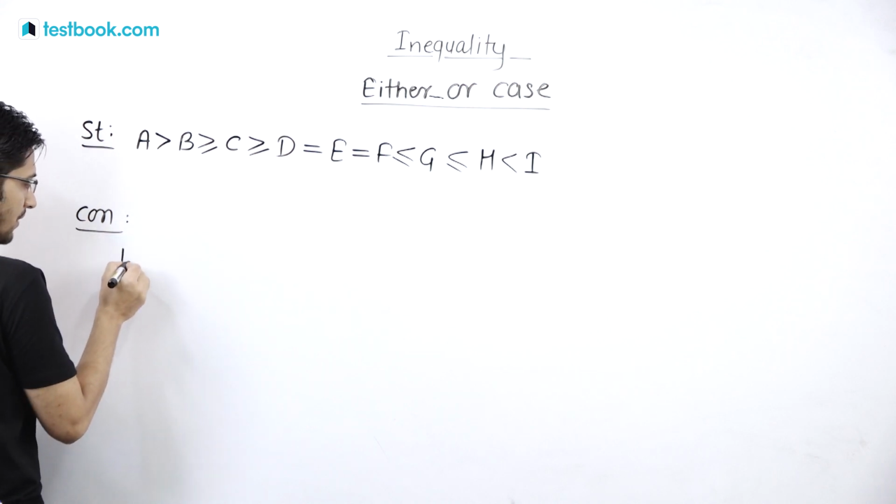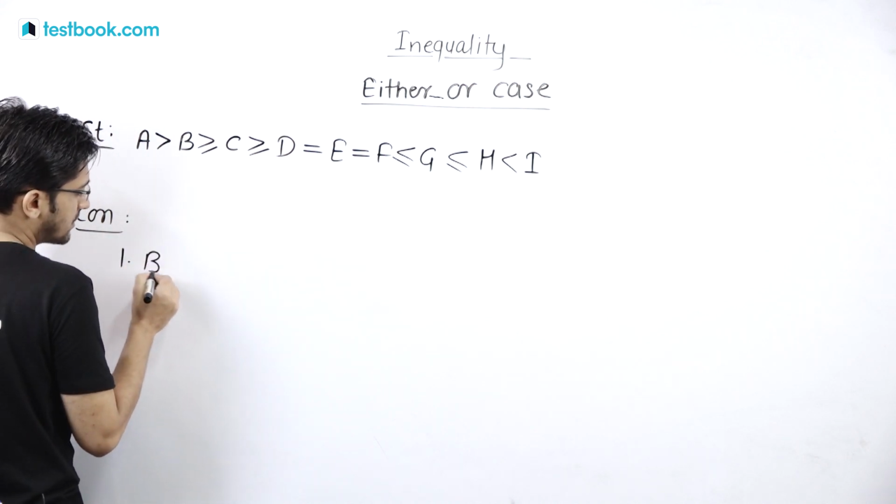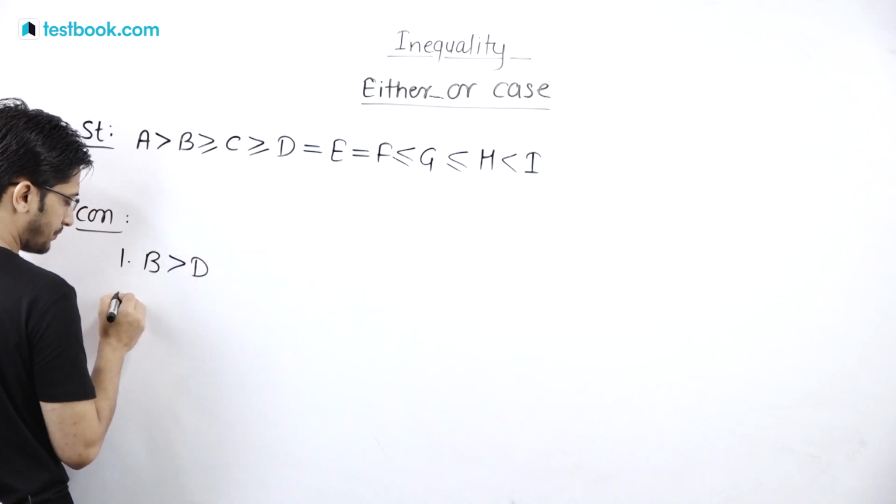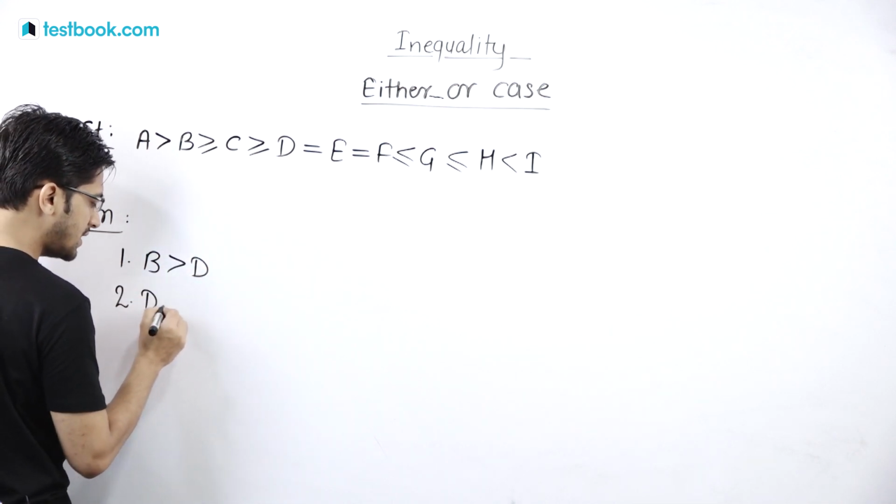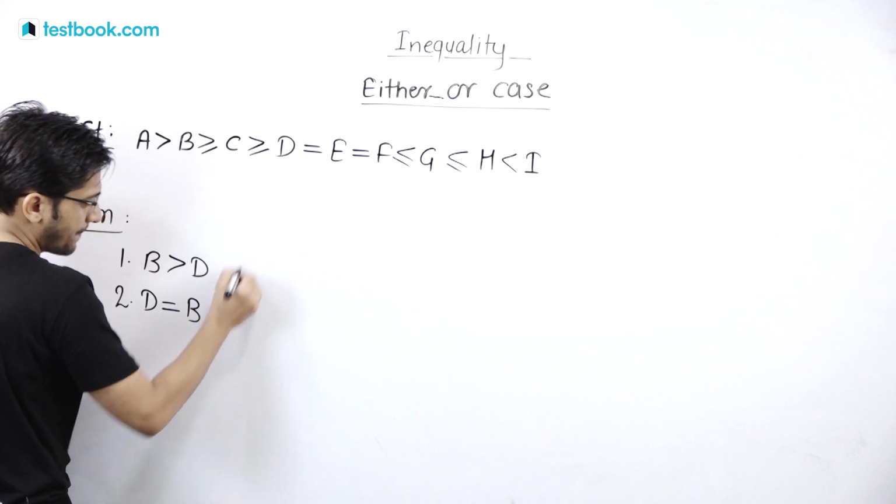The first conclusion is B is greater than D, and the second conclusion is D is equal to B.